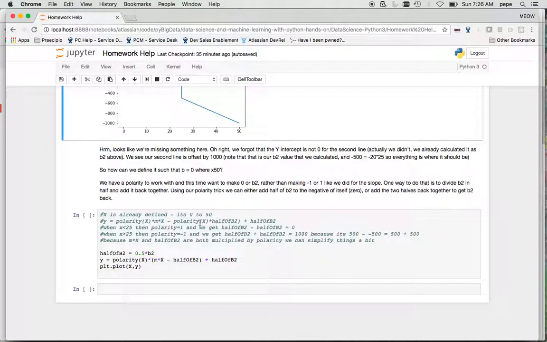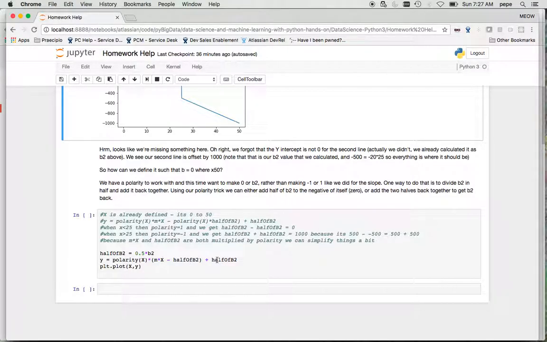And then if you look through this, we'll just go through and do a little bit of a simplification to get down to our final formula. Because we're multiplying the polarity of x times both our slope term as well as our y-intercept term, we can pull that outside and wrap mx minus half of b2 in parentheses. So the polarity of x will get multiplied by both of these, and then we'll add back in half of b2 as well.